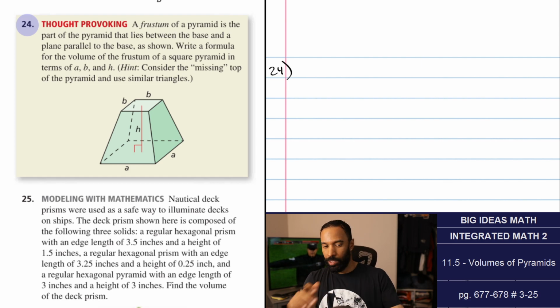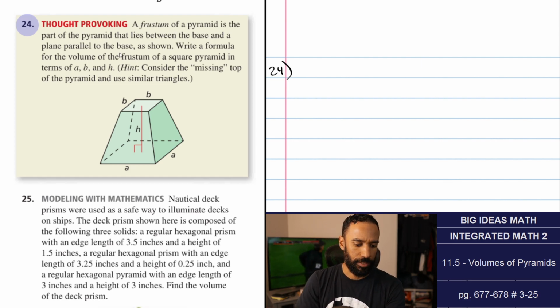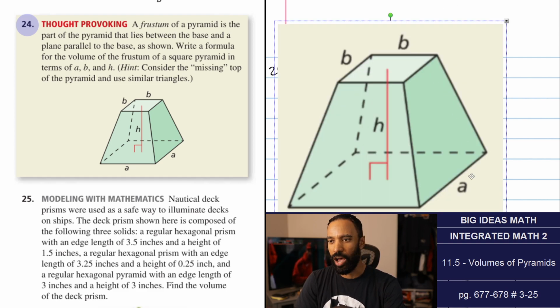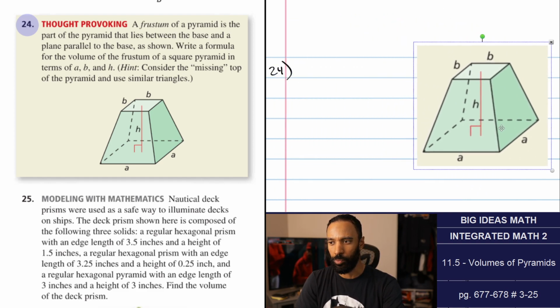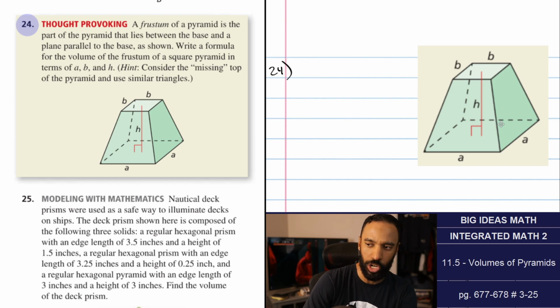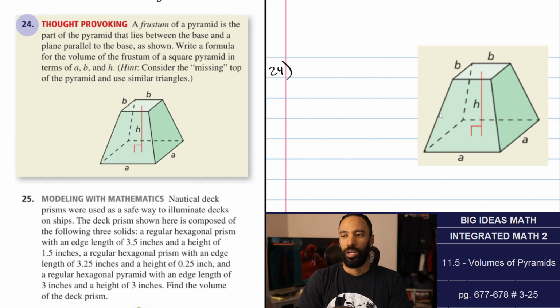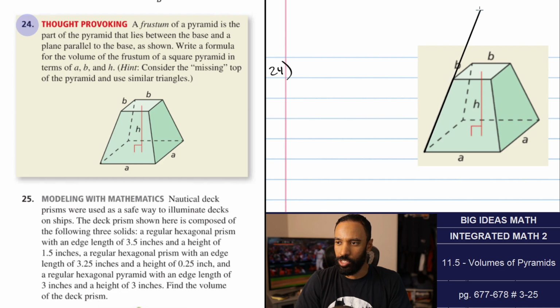So, let's copy and paste this thing and see what we can do off of that. I'm at odds with what I want to do because it's not the top that we actually have, and they give us labels. They said in terms of A, B, and H. If there's an invisible top, let's make it visible and see where this would have gone and see what we want to say about it.